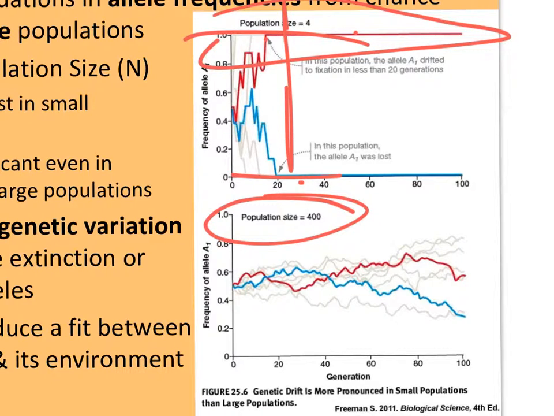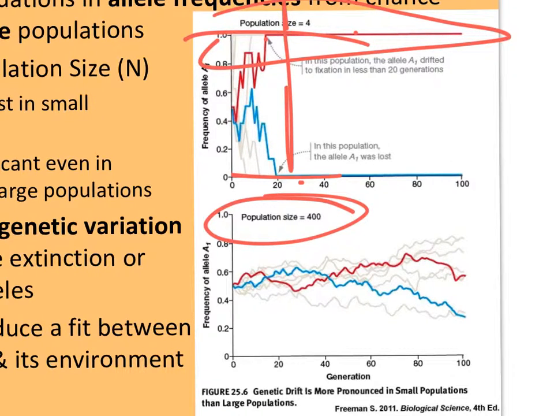Eventually, things will probably go to fixation, but it will be thousands of generations in the future. They just randomly change in terms of frequency. So the frequency is either A1 and A2, or big A and little a, in terms of the proportion. And the populations vary just by drift. So in a big population, genetic drift has a very weak effect.